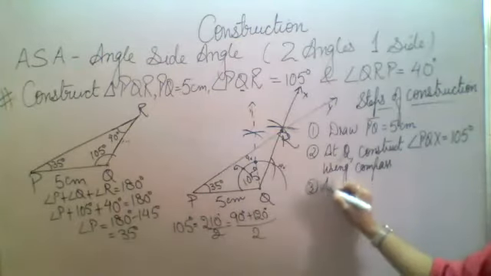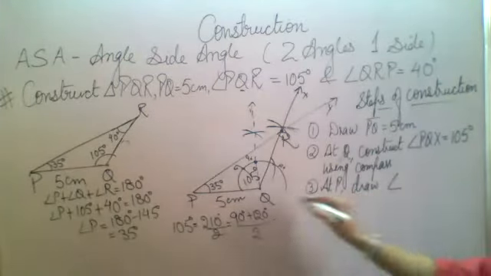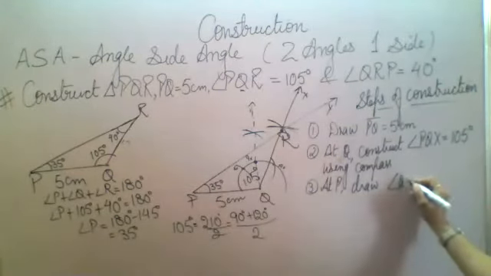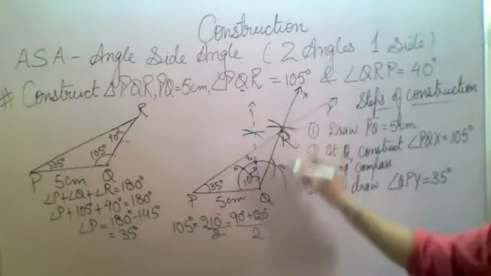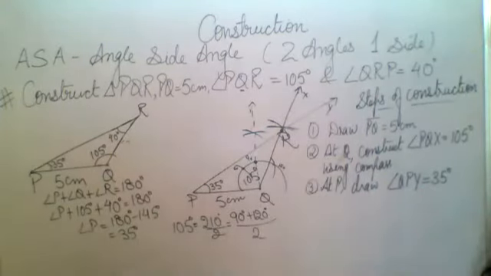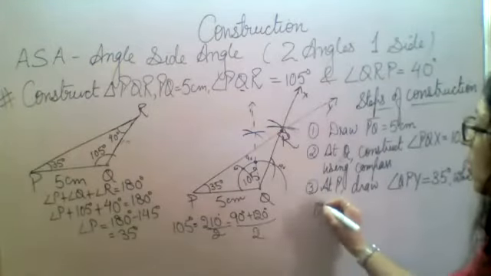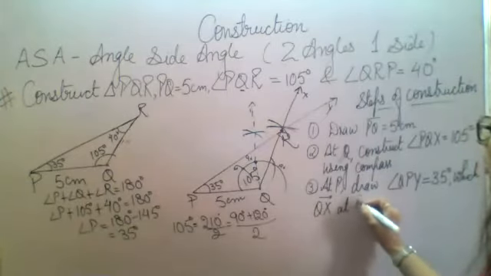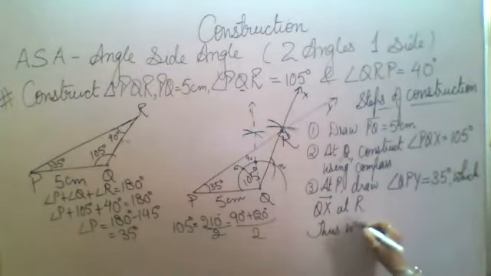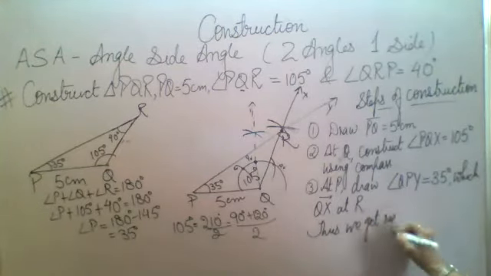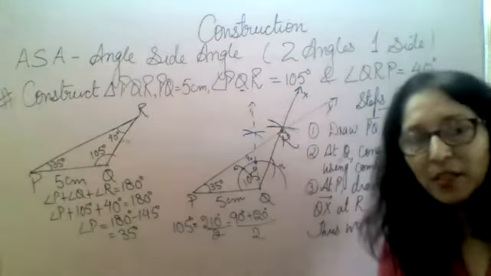Then at P, draw angle QPY equal to 35 degree, which cut QX ray at R. And thus we get required triangle PQR. I hope this is clear to everyone.